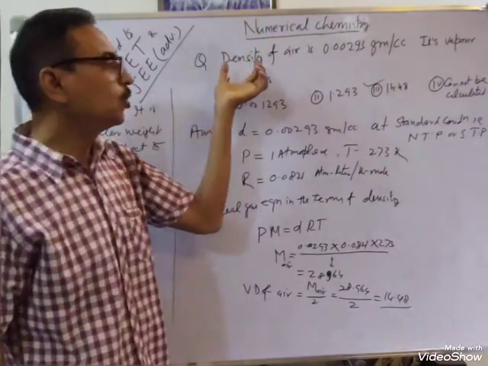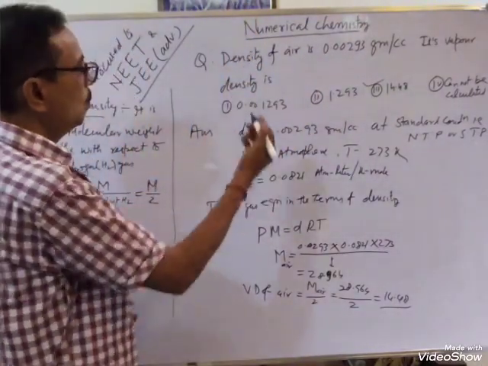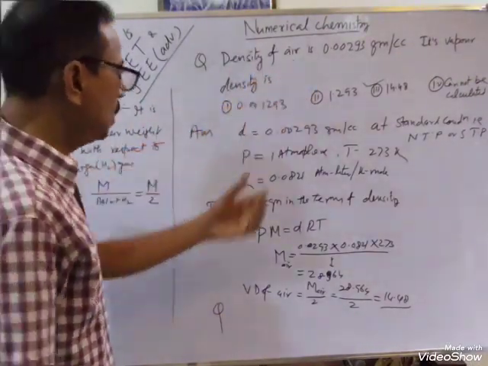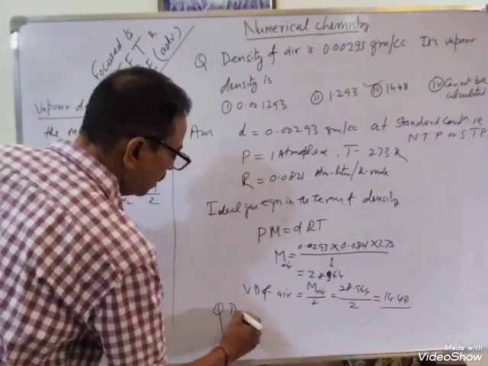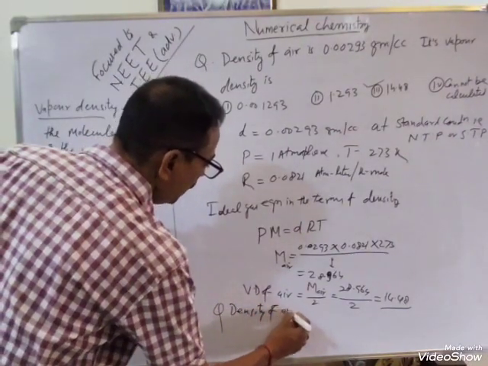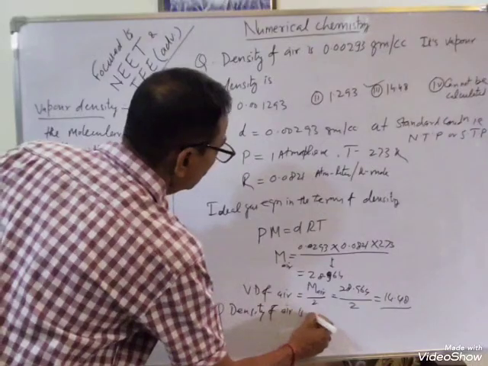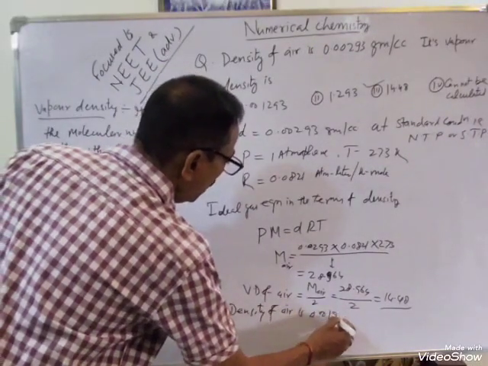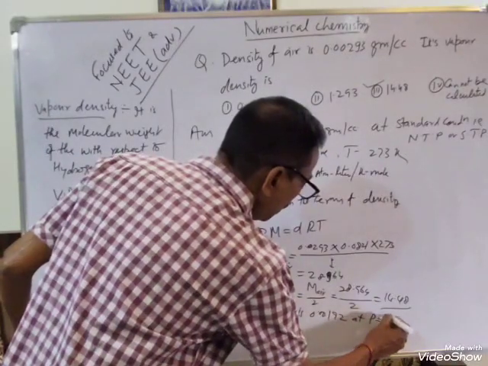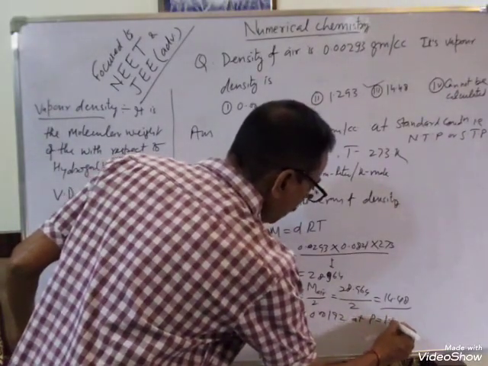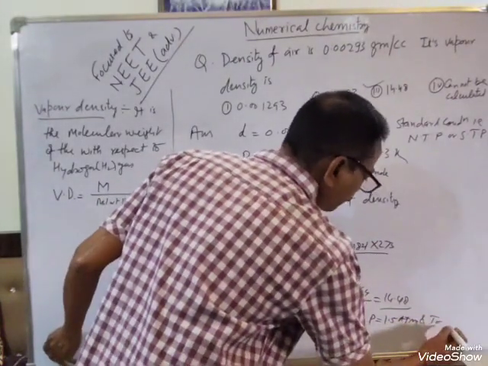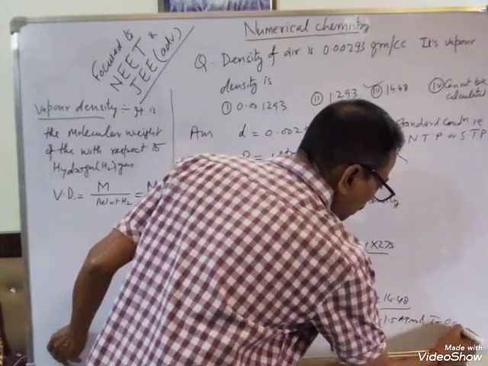The question may also be of such a type. So write down one question for practice. Density of air is 0.00192 at pressure 1.5 atmosphere and temperature 0 degree centigrade.